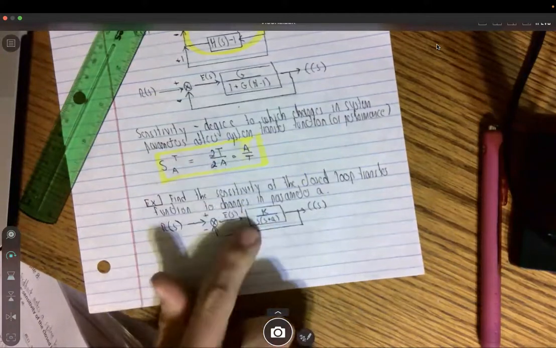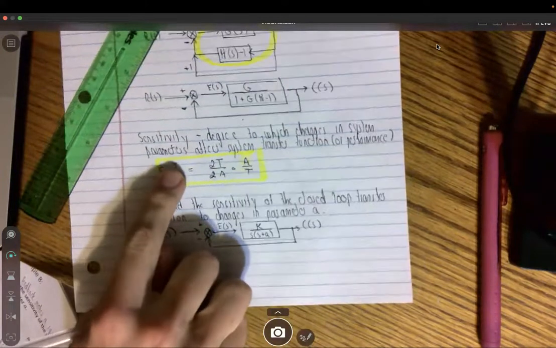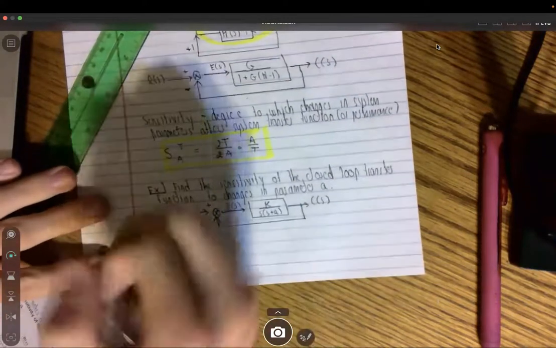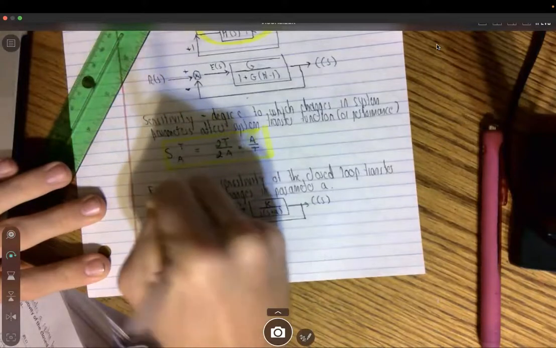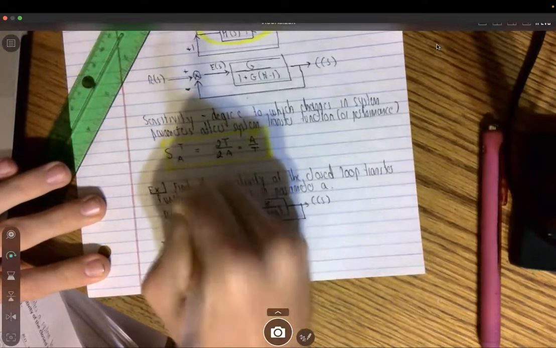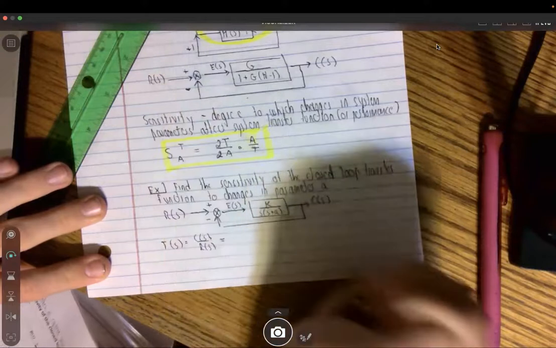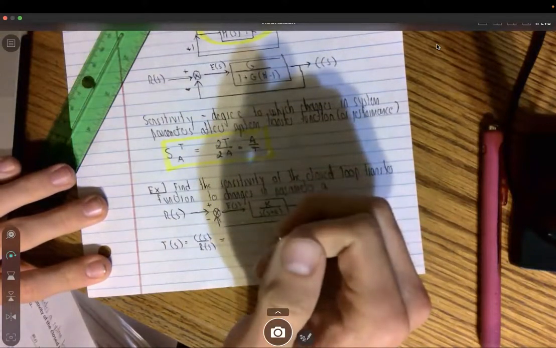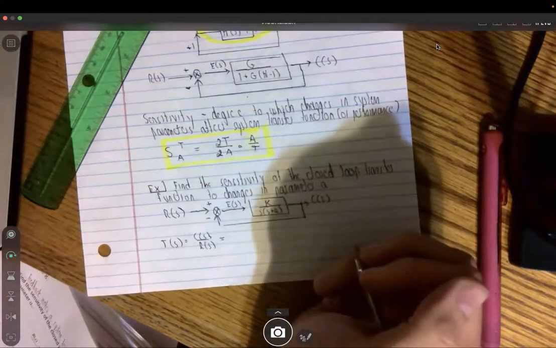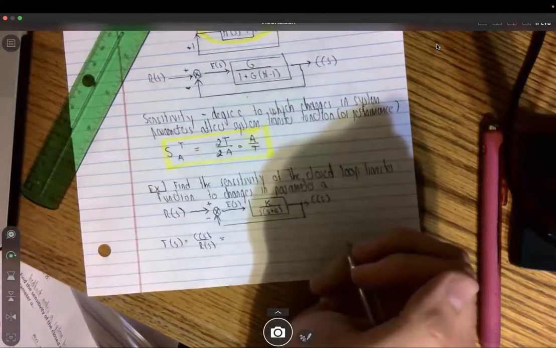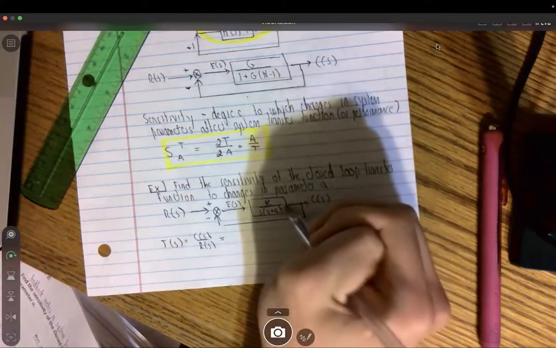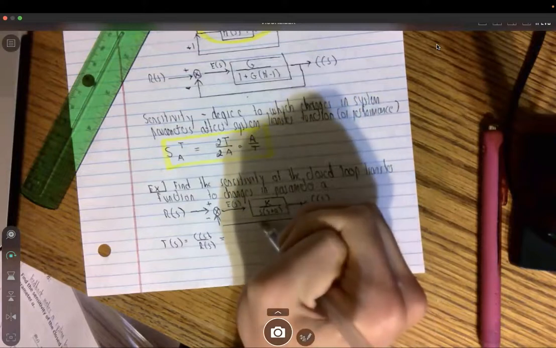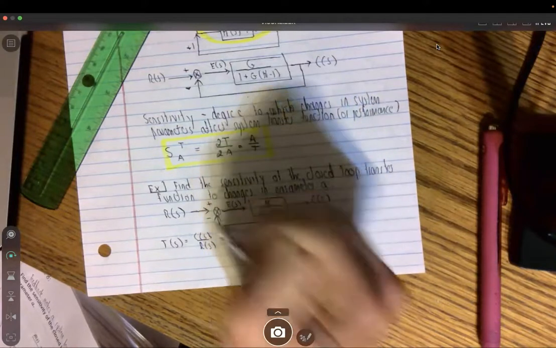So we need to calculate the transfer function. That's what the sensitivity requires, the T here. So we need to calculate the transfer function of this closed loop system. The transfer function is going to be equal to your output over your input. Remember your transfer function here, it's going to be the open loop gain, so it's G of S all over 1 plus G of S times H of S, where H of S is 1.